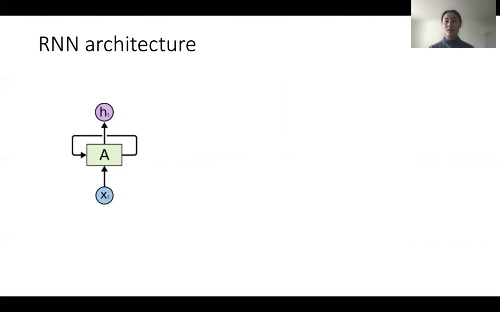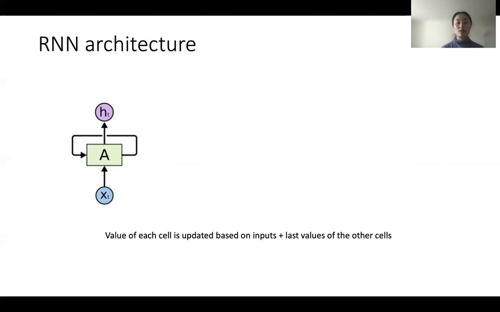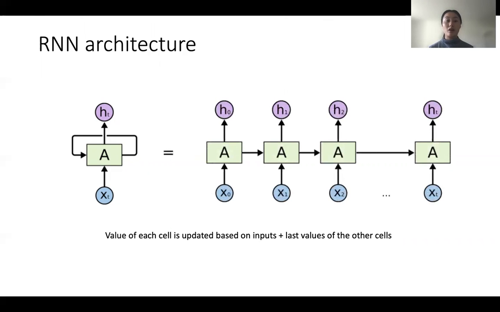In this sense, information recurs within the hidden layers before being outputted. The value of each cell is updated based on the inputs plus the last values of the other cells. If we unroll this RNN, it's essentially multiple copies of the same RNN connected together.